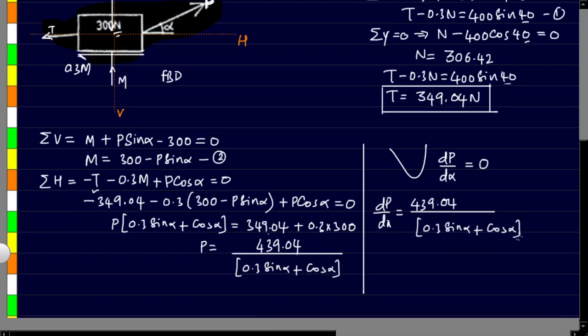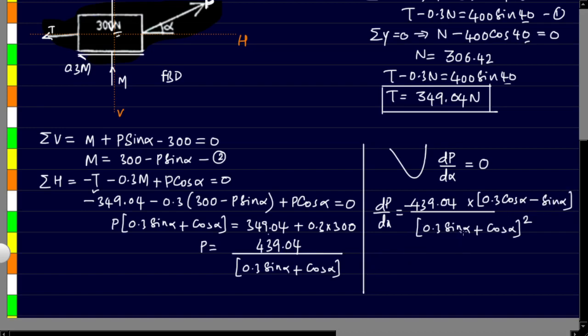So minus 1 by x square into, now we have to apply the chain rule. So 0.3 times differentiation of sine alpha, that is cos alpha, and plus, okay, sorry, this is going to be minus, because differentiation of cos alpha will be minus sine alpha. So this is what we are getting.